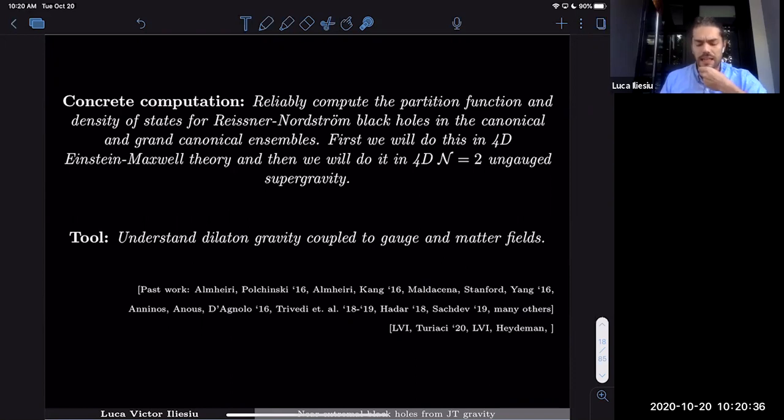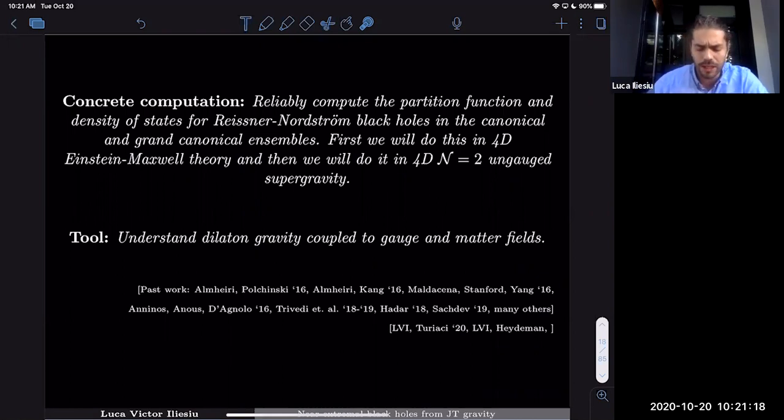This idea has come up in a ton of past works, but an important distinction is that most past works, concerned with relating near-extremal black holes to dilaton gravity, didn't necessarily want to understand the low temperature corrections we'll be interested in here. They were more interested in the classical behavior and the consequences of the near horizon region being well approximated by JT gravity.